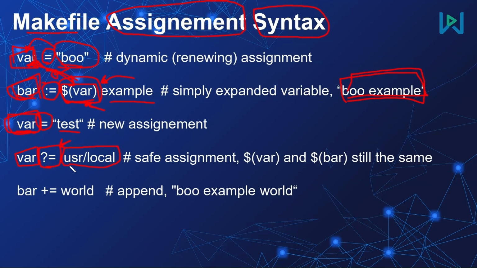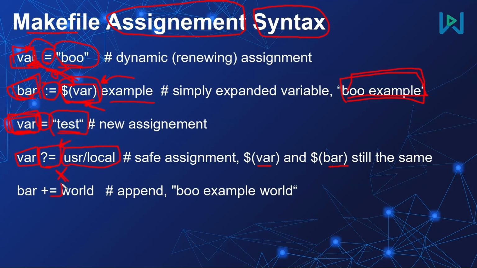If yes, meaning this variable has already been initialized and assigned a value, then the assignment will not happen. And this is our case: the var Makefile variable has already been initialized, and hence this assignment will not happen. So as you can see, var and bar are still the same.